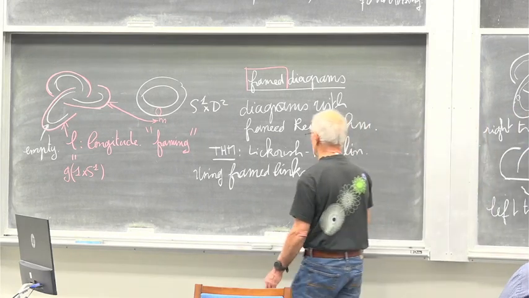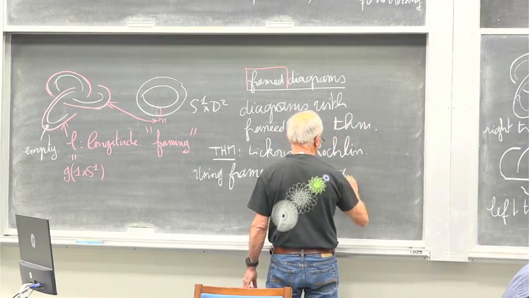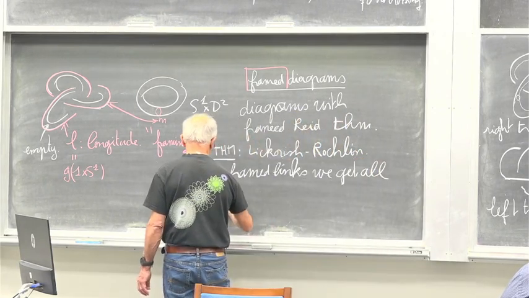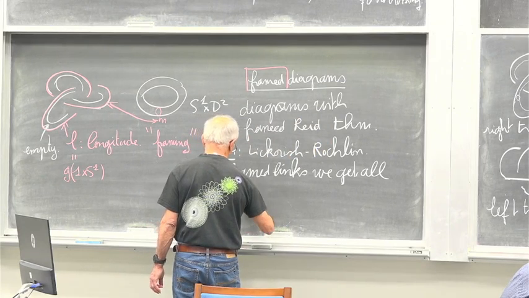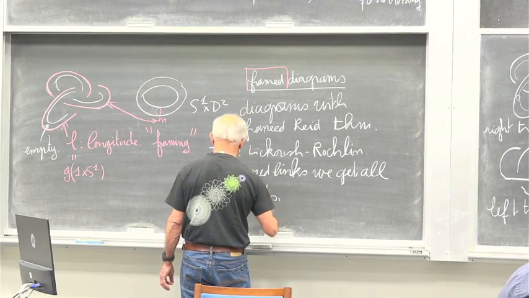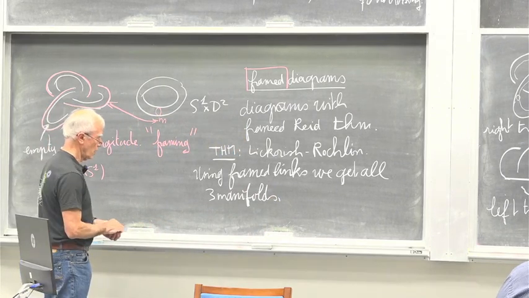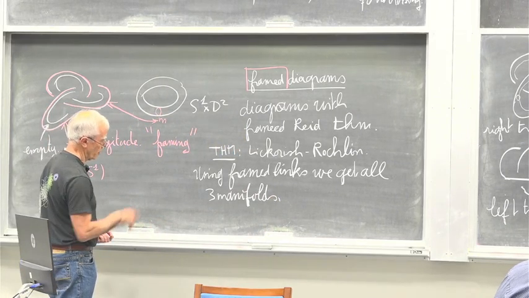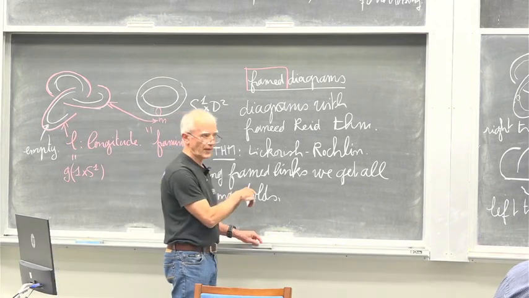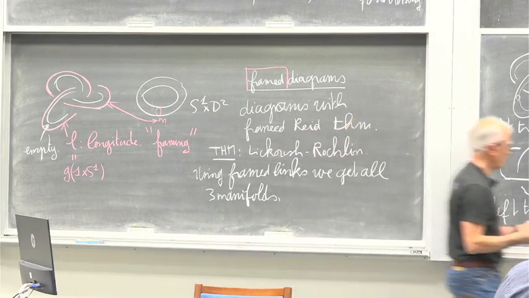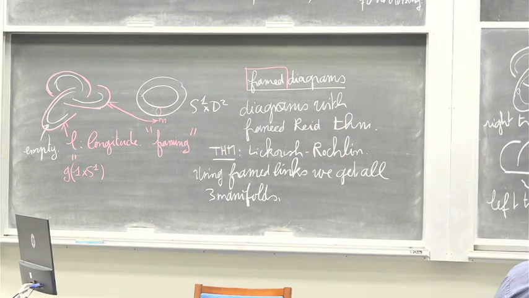So using framed links, we get all 3-manifolds, again compact oriented. And moreover, the point is that we know the relation. And this is a theorem of Kirby.